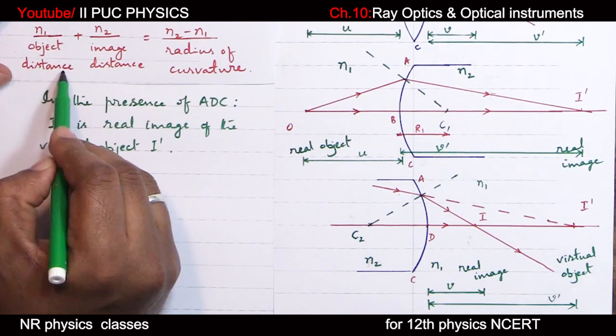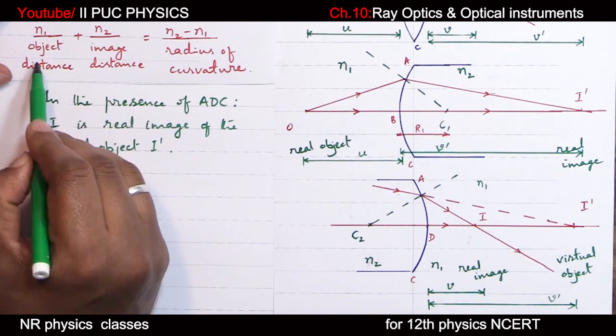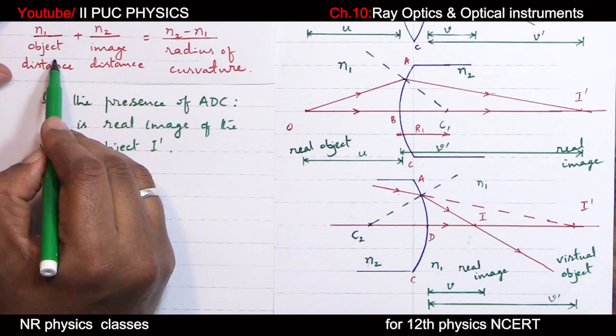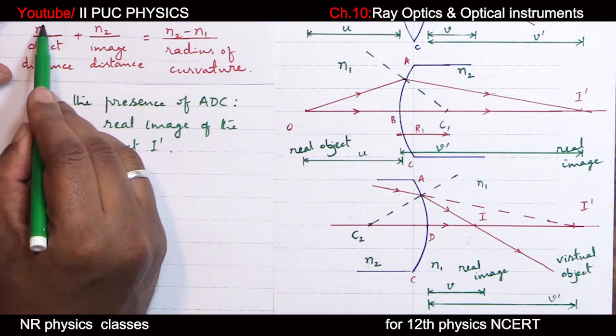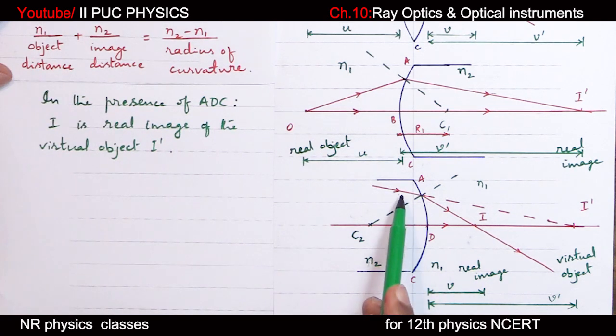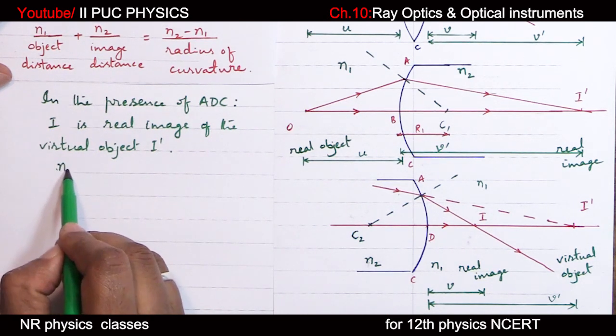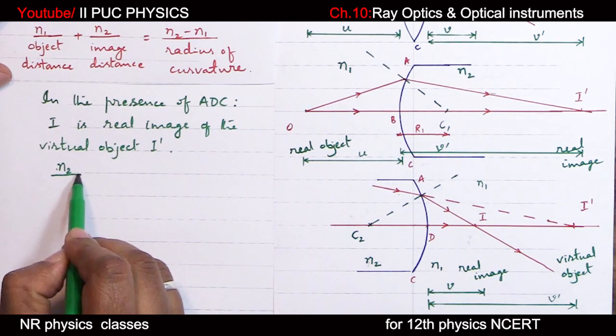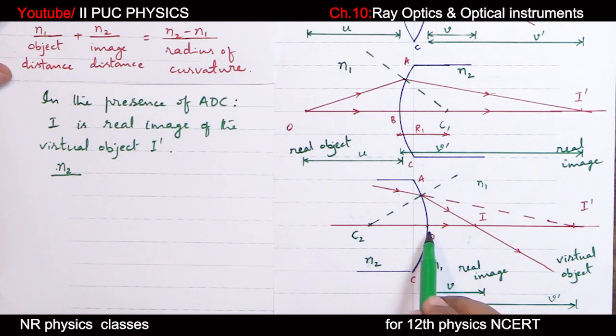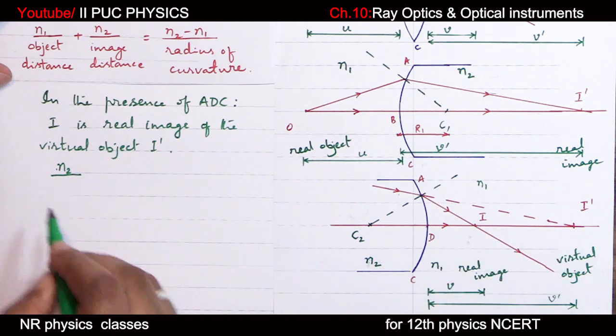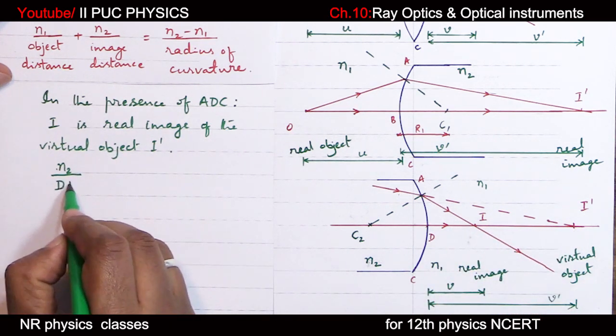N1 by object distance: the refractive index of object space. This ray is inside N2. Therefore, N2 by object distance. This DI dash is the object distance.